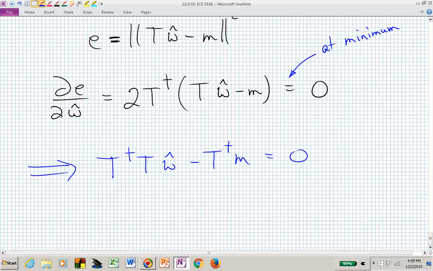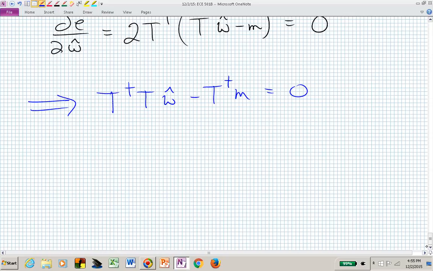So now we have T dagger T W hat minus T dagger M. Or if we put T dagger M on the right-hand side, we have T dagger T W hat is equal to T dagger M.